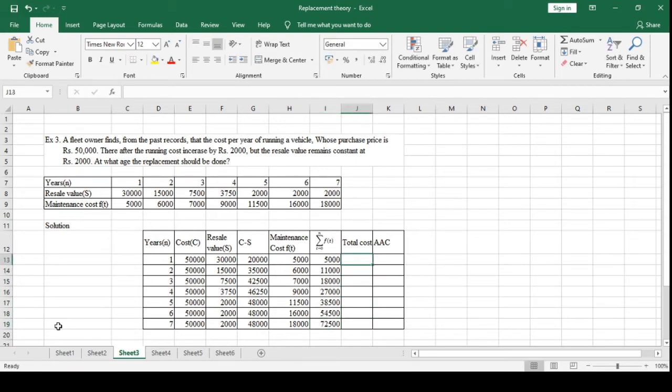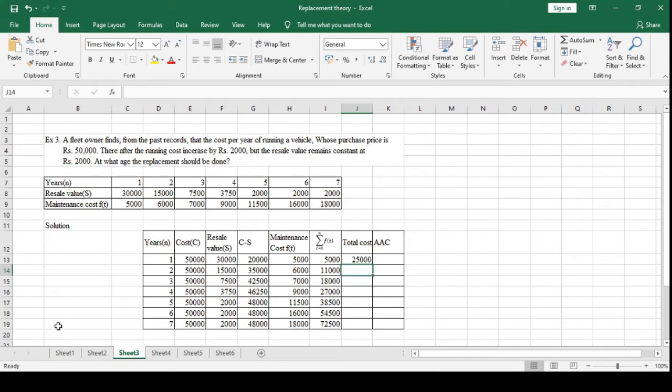Now we will calculate the total cost. Total cost is the addition of C minus S plus sigma F of T, that is 20,000 plus 5,000, so your answer will be 25,000.